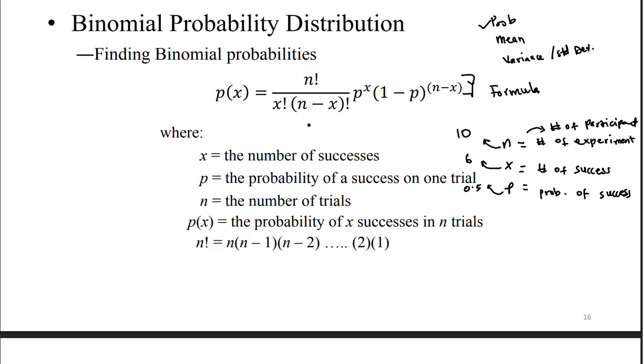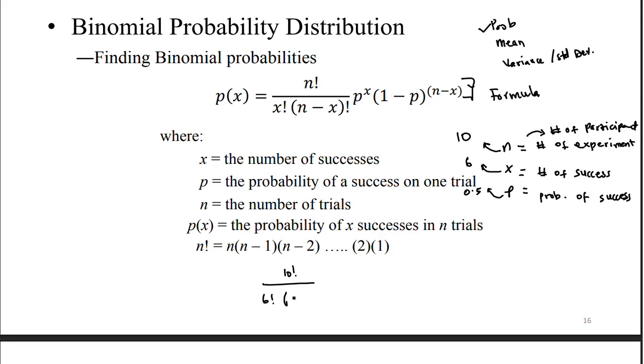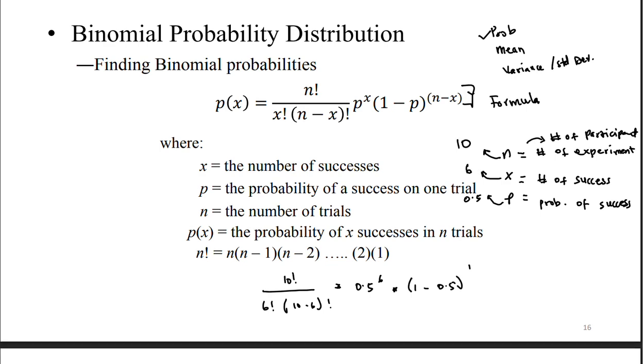Again, 10 factorial, my n factorial, divided by x, which is 6 factorial, times (10 minus 6) factorial, times p, which is 0.5, to the power of x, which is 6, multiplied by (1 minus p), where p is the probability of success in a single trial, 0.5, to the power of 10 minus 6.